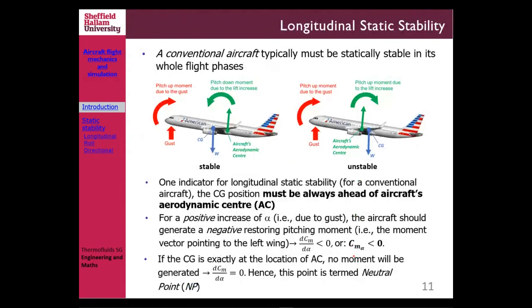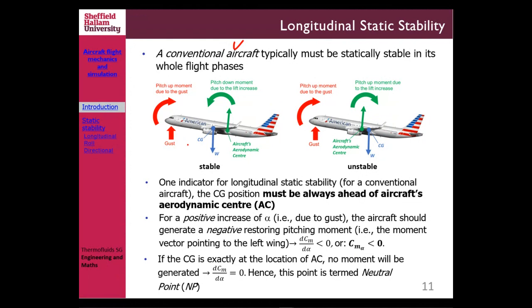Okay, right. Now let's look at the longitudinal. I hope you understand now longitudinal, lateral, and directional stability. If you look at the longitudinal stability alone, a conventional aircraft must be designed to be statically stable in all flight phases.